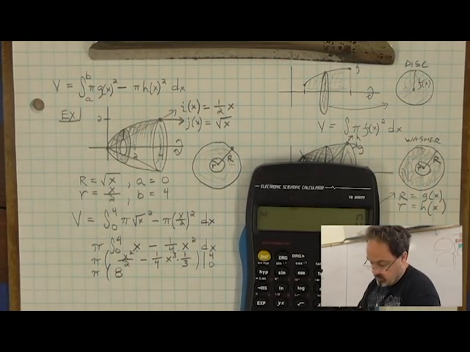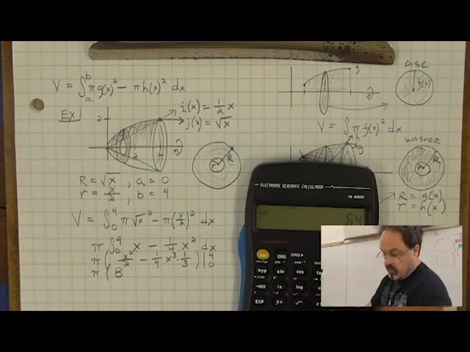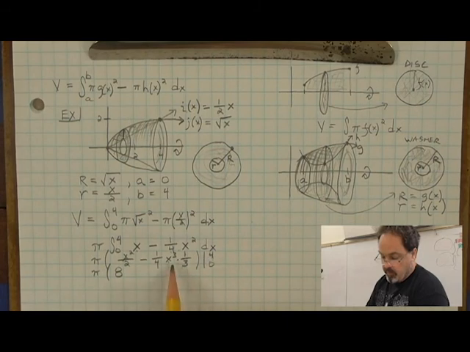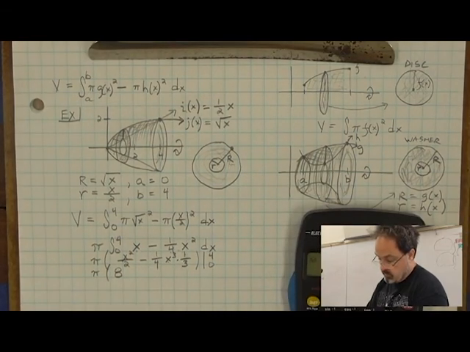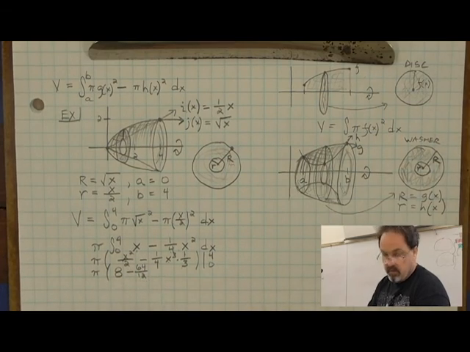I'm checking 4 cubed. I thought it was 64. Calculator agrees. Applying the upper bound of 4 and cubing it gives 64. 64 then is being multiplied by 1/4 and 1/3. That's the same thing as dividing by 12. I'm going to leave it as a fraction. 64 divided by 12. That's putting the upper bound in.